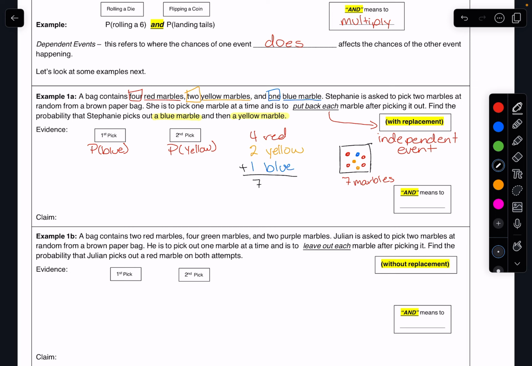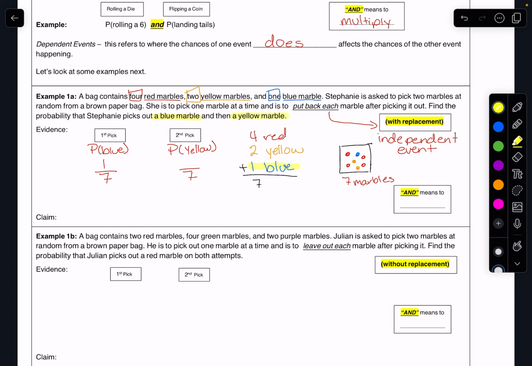So both of these, because she's putting the marble back in, she's gonna do it out of 7. So out of 7, how many are blue? There's 1 blue. Okay, so 1 out of 7 chance of getting a blue. She puts that blue back in, so we still have the 7 marbles.